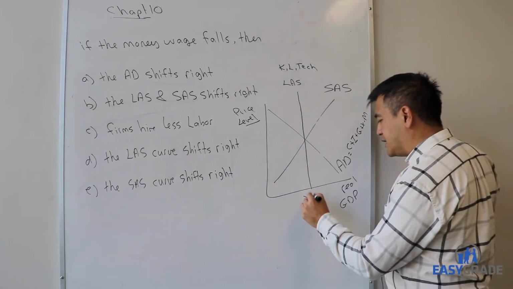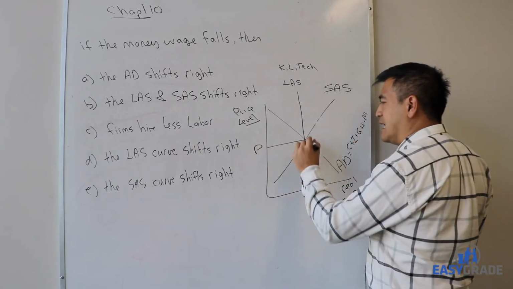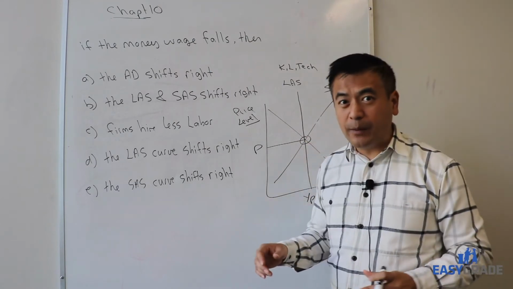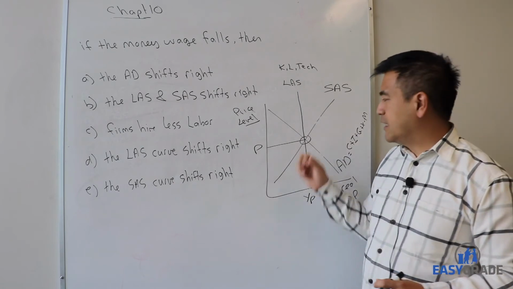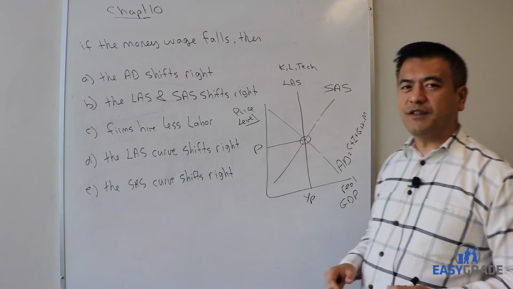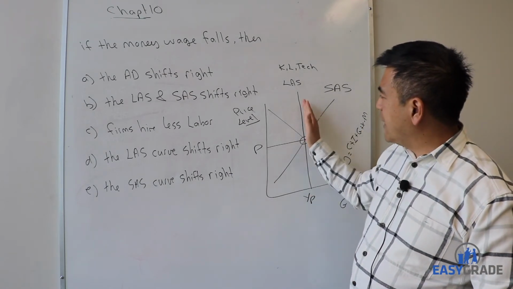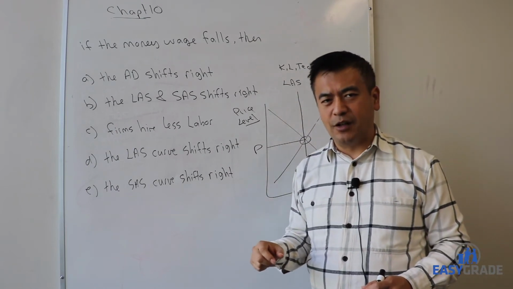This, therefore, is the potential GDP, and this here is the price level, and there's the equilibrium. This would, of course, be a short-run equilibrium because the short-run supply curve and the aggregate demand intersect. It also is the long-run equilibrium because we're also on the long-run aggregate supply curve. This long-run aggregate supply curve will only shift if there's a change in capital, labor, or technology.